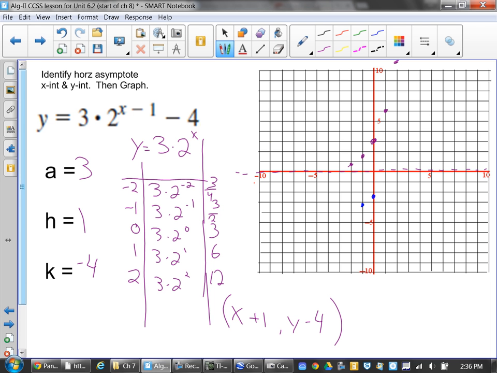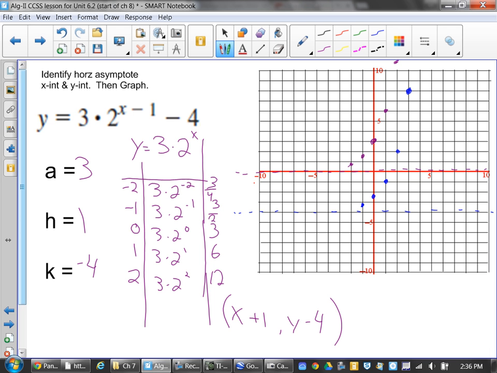Right 1, down 4. Right 1, down 1, 2, 3, and then it winds up at 8. And what do I have to do to the horizontal asymptote? Move it down 4 so it becomes y equals -4.